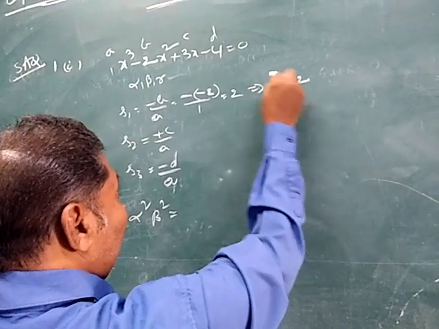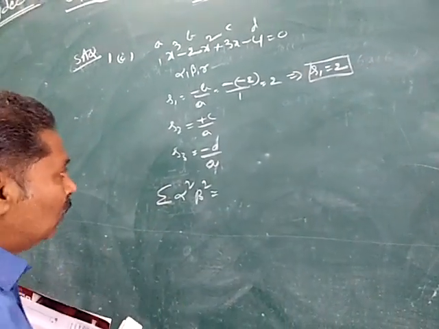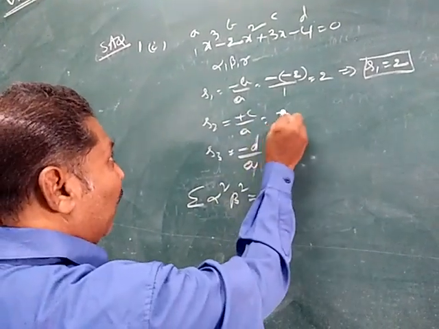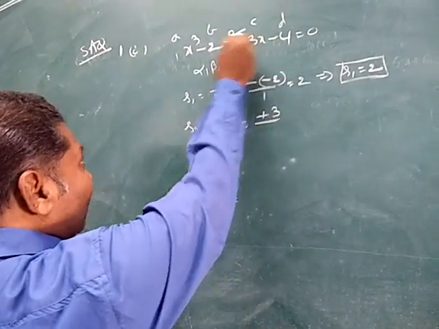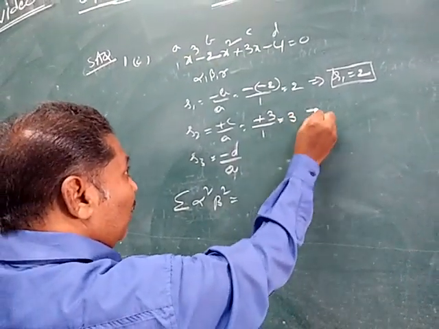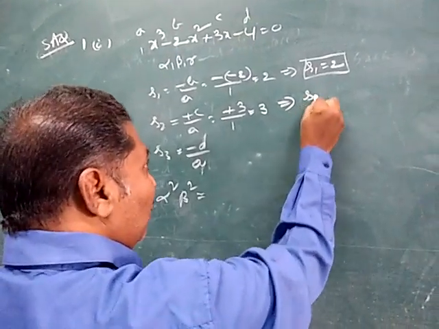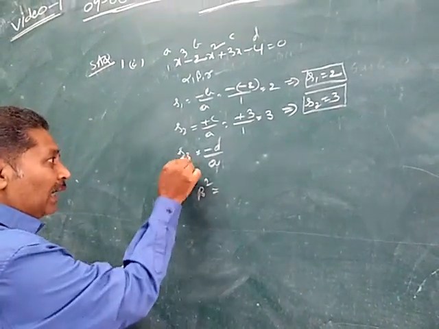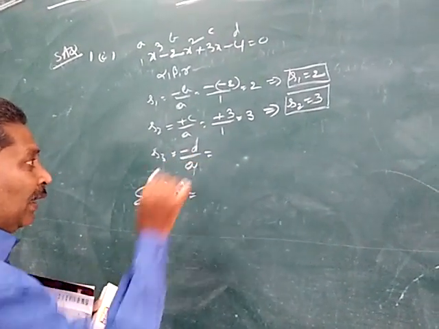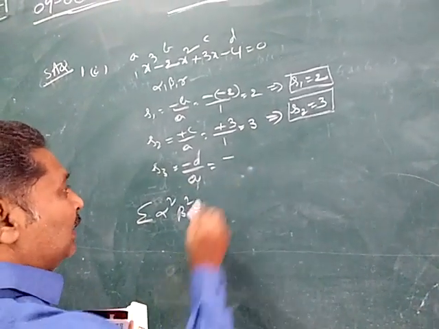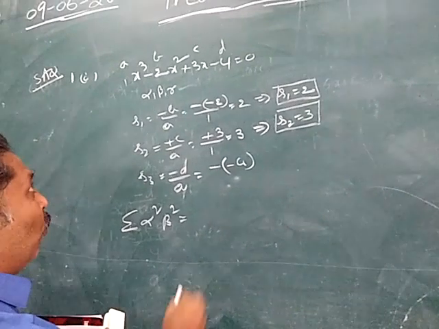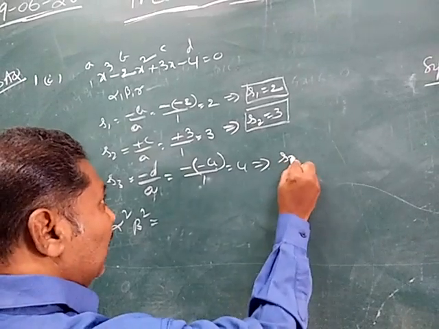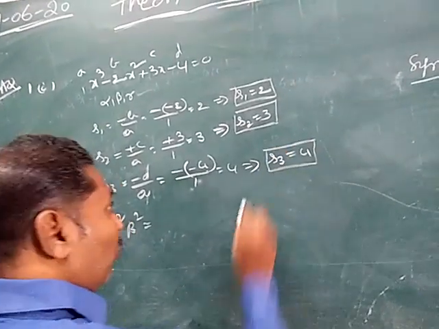That implies S1 value 2. S2 is plus C by A, C value plus 3, A value 1, equal to 3. S2 value 3. S3 value is minus D by A, minus D value minus 4, A value 1. This implies S3 value 4.